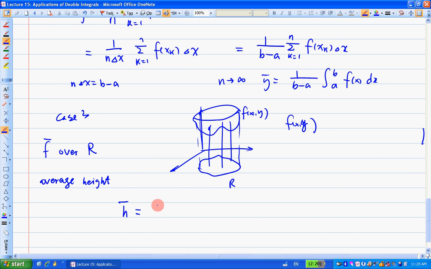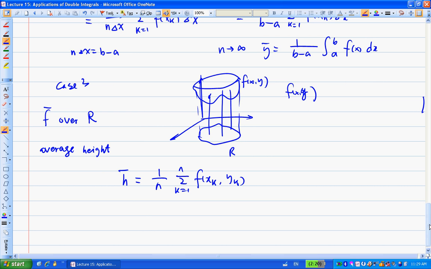Then I'm going to take n number of heights, and each one of them is taken at (xk, yk). So there are n number of heights here. Then we're not going to change this expression. All I'm going to do is multiply by delta A over here, then multiply another delta A over here, to make sure nothing changes.